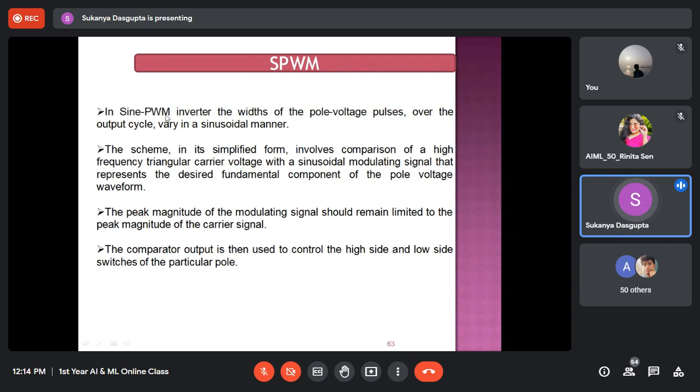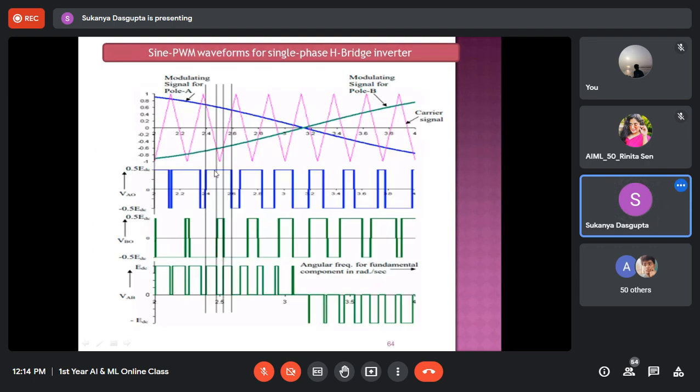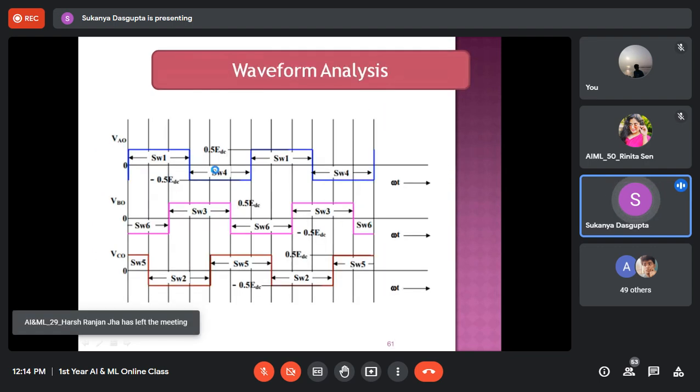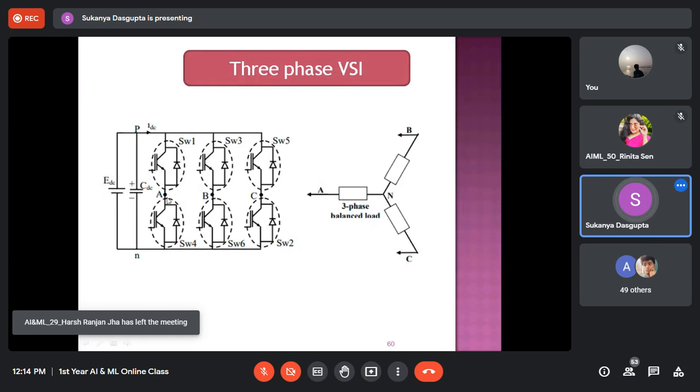So in sine PWM inverter, the widths of the pole voltage, means what? The voltage difference between this center point and the common point of this input.